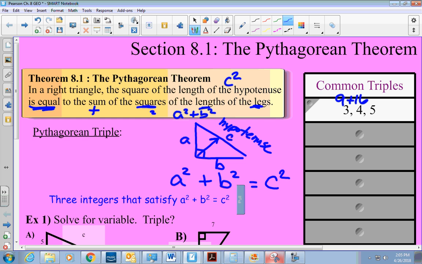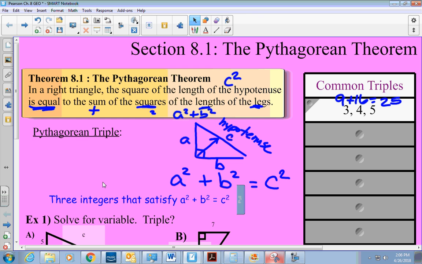And Brianna, what's 5 squared? And Aaron, is that true or false? Is 9 plus 16 equal to 25? Aaron is nodding his head, yes. So 3, 4, and 5 are a Pythagorean triple.